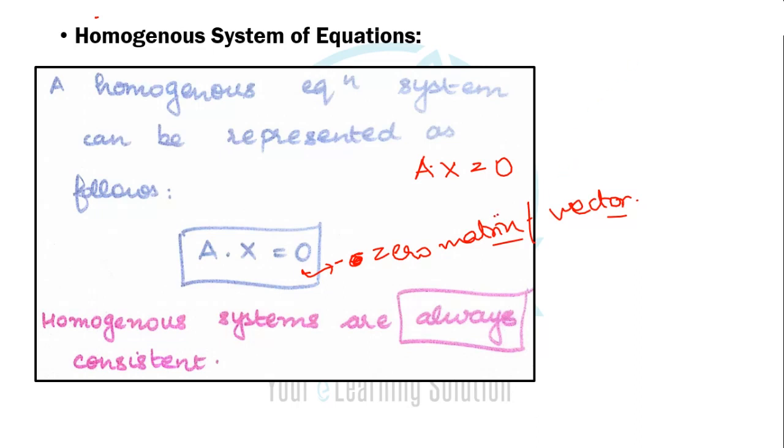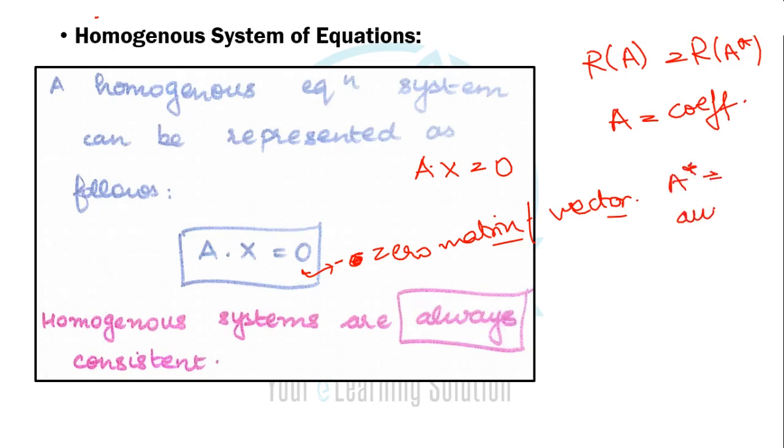The first thing to understand is that homogeneous systems are always consistent. Why? Recall that the condition for consistency is that rank of A is equal to rank of A star. Now, A is the matrix of coefficients, and A star is the augmented matrix, right?